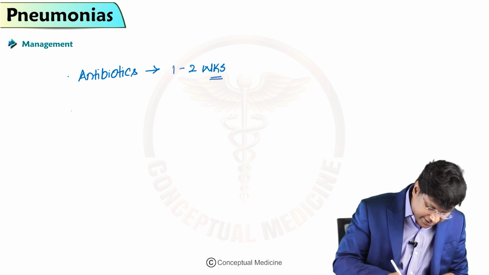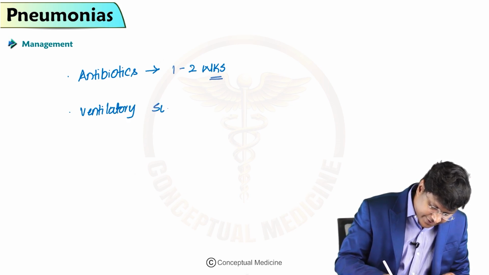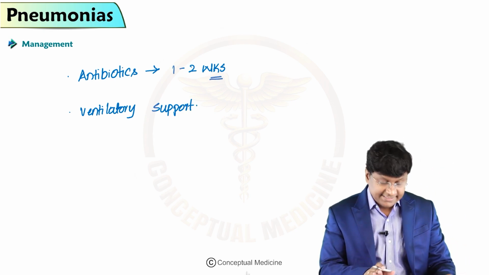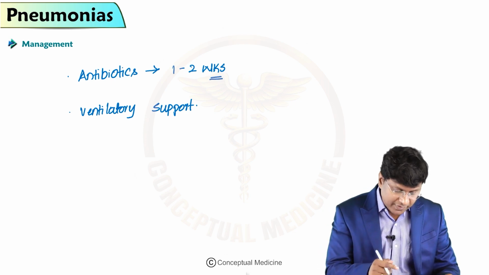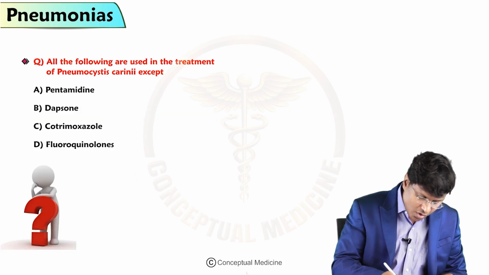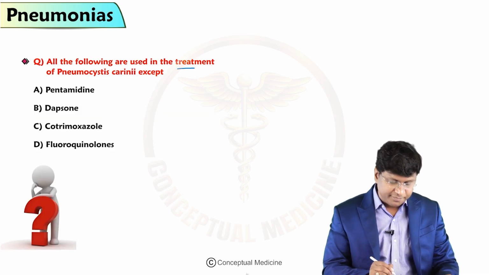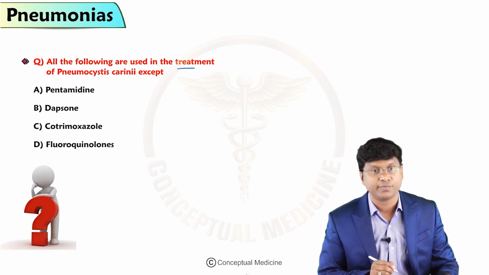Ventilatory support is very, very important, as and when required. And you should know what the antibiotic of choice is. So you see this question: all of the following are used in the treatment of PCP except pentamidine, dapsone, cotrimoxazole, fluoroquinolone.